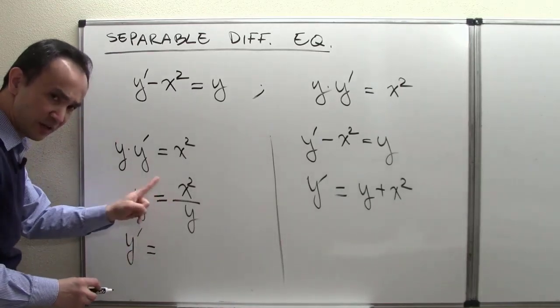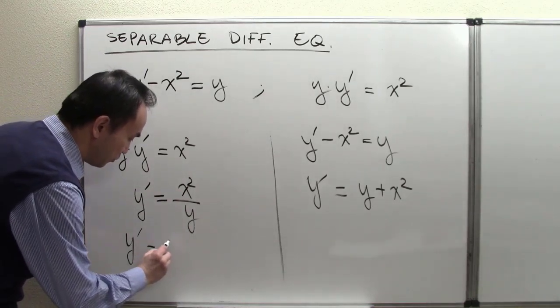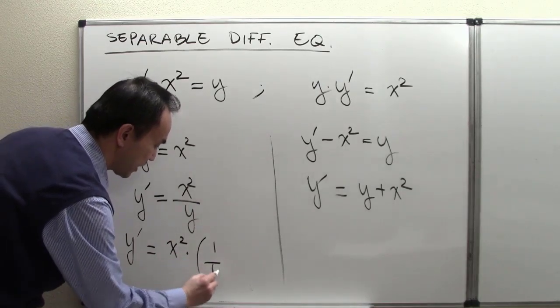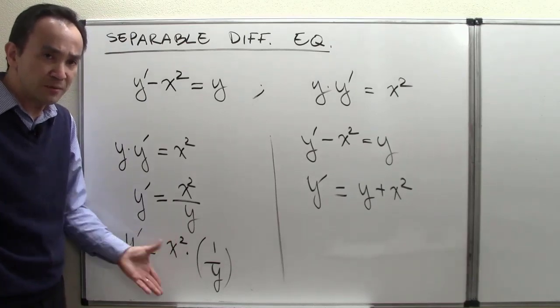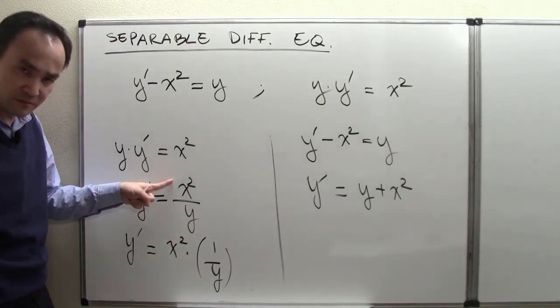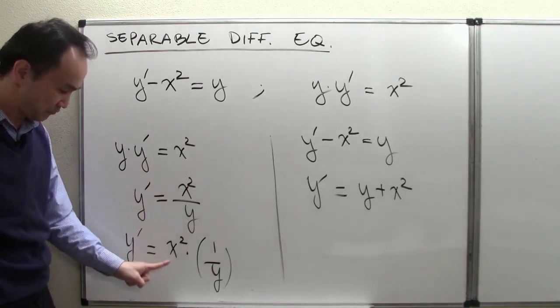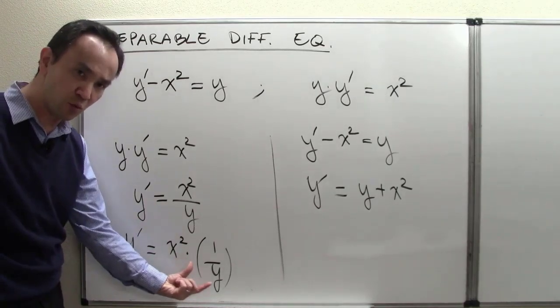I'm going to further re-express the right hand side, on purpose, as x squared times 1 over y. And it's all algebraically legal and approved. Starting from that x squared over y expression, I purposely re-expressed that as x squared multiplied with 1 over y.